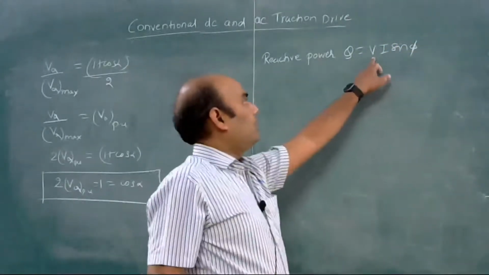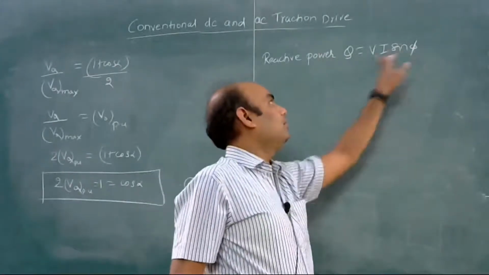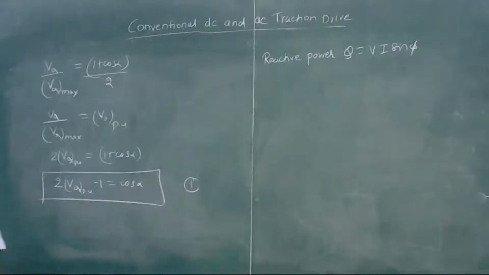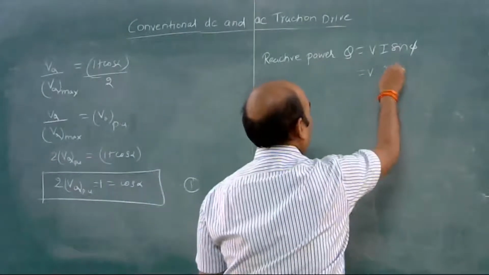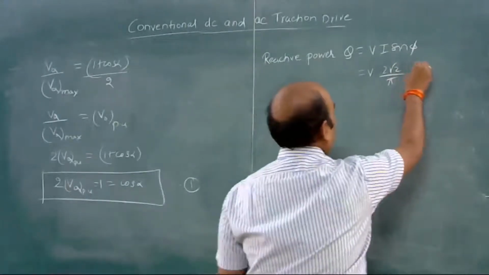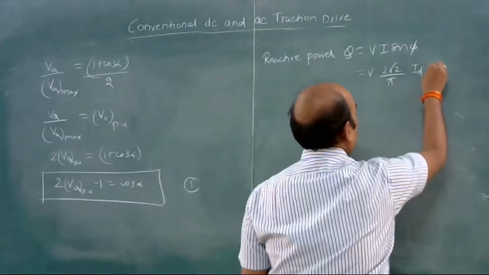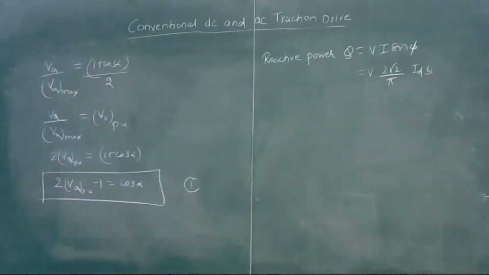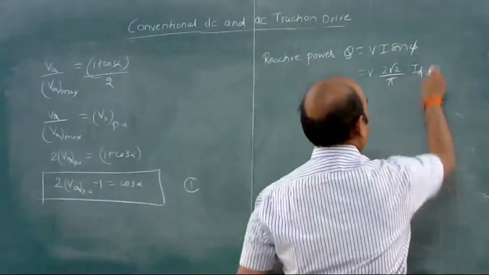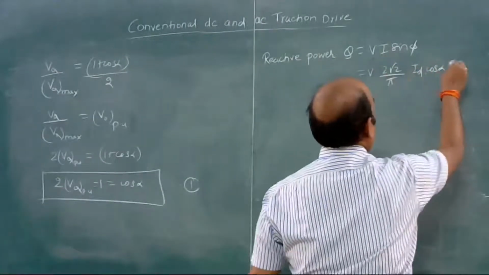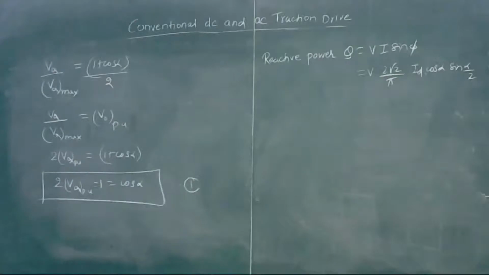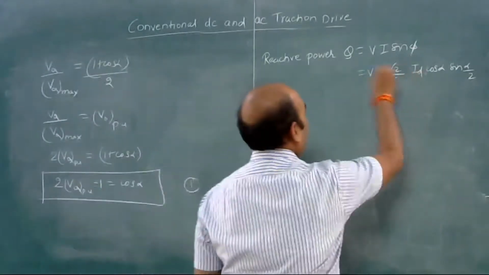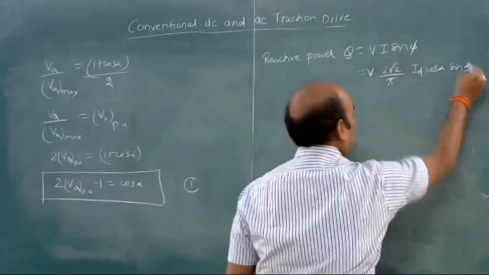Okay, so this is voltage into current, and sine of the angle between V and I. Here Q will be equal to V, and the value of I is 2 root 2 upon pi into ID into cos alpha by 2, as we have written earlier. The angle between V and I is alpha by 2, the displacement angle. So the voltage V and current ID are displaced by alpha by 2.